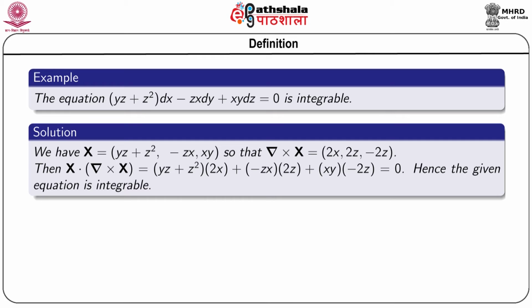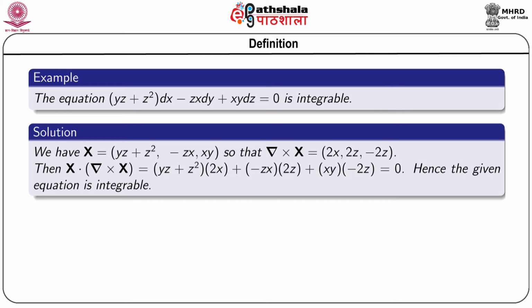So, the capital X in vector form has the components yz plus z square, minus zx, and xy. So, curl of X for this example becomes 2x, 2z, minus 2z. If we compute X dot curl of X, after simplification it becomes 0.